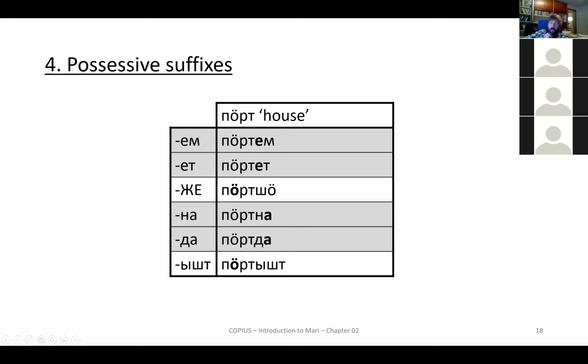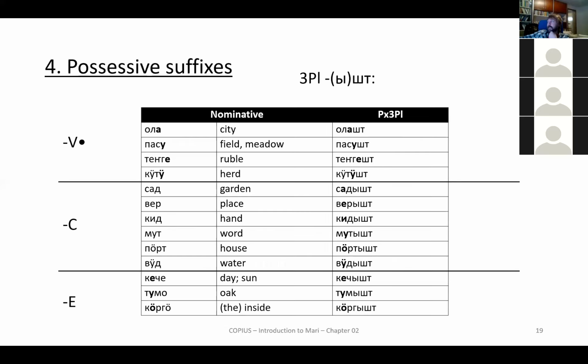Okay, then we're also looking at possessive suffixes, specifically of the third person singular and plural. I've already given you the first and second person forms that we are going to be meeting in the next two weeks. I'm going to start with the possessive suffix of the third person plural, which is sht or isht. You get this by exactly the same means by which you get the inessive, just without the final e or ö.